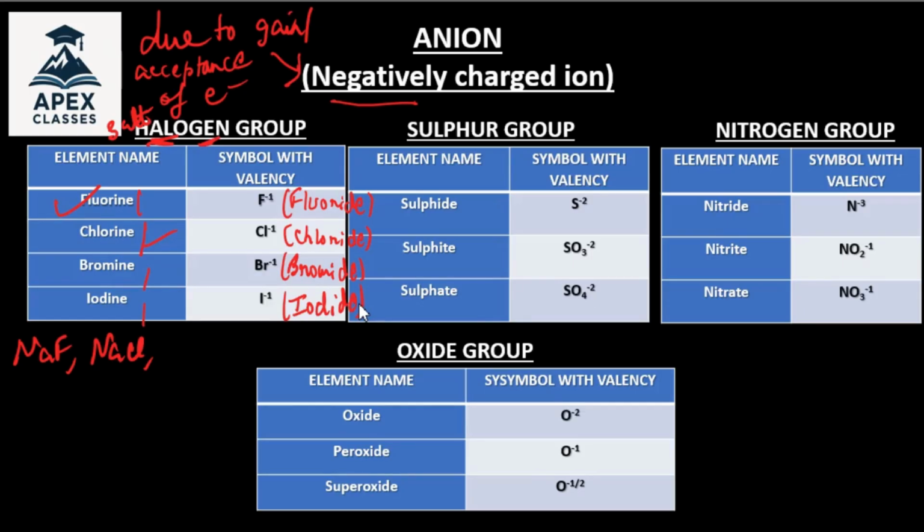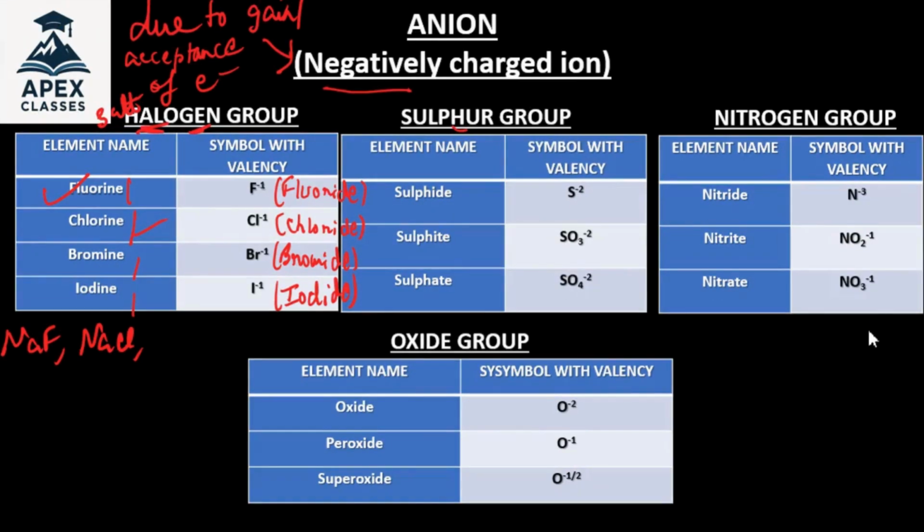Now coming to the sulfur group, the very first thing is sulfide. Be very careful, -ide is there. Sulfide, sulfite, -ite, and sulfate.